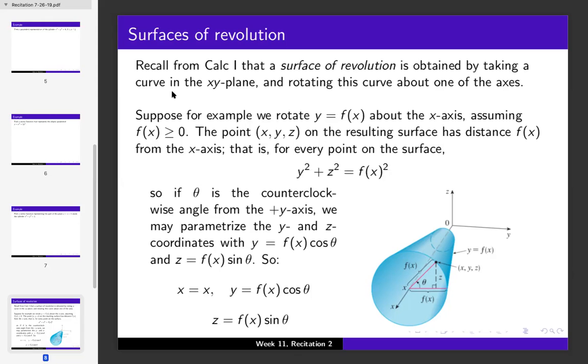The point on the surface has to satisfy this equation: y squared plus z squared equals f(x) squared. Once you have that equation, it's relatively straightforward to find the right parameterization.